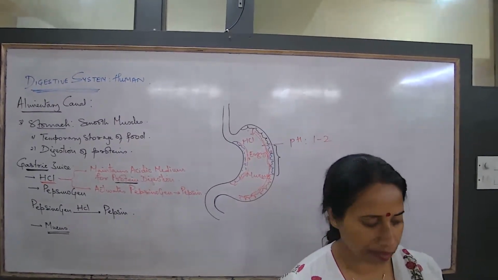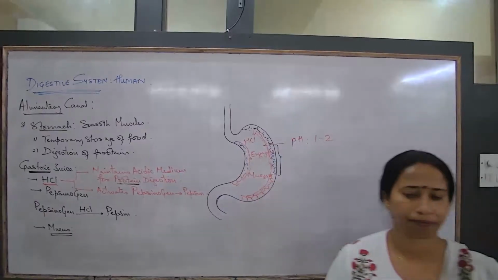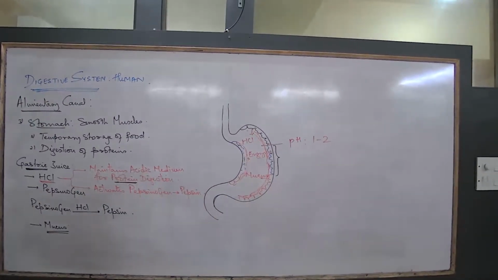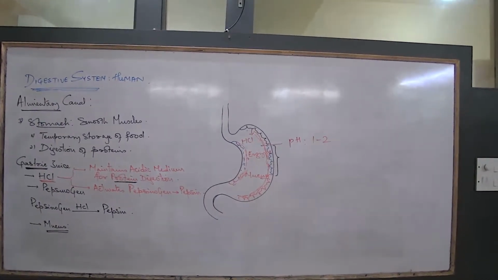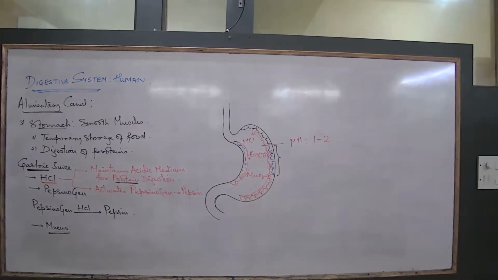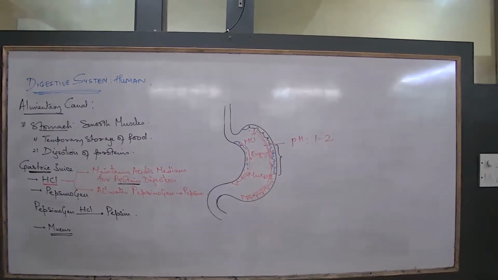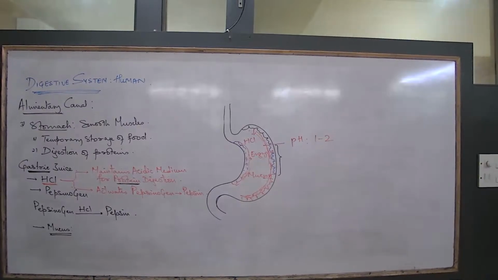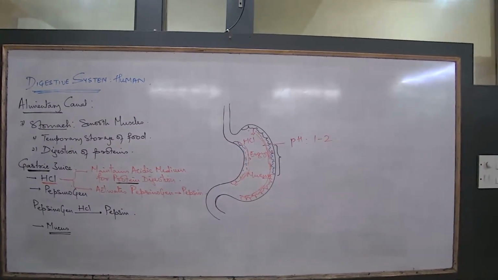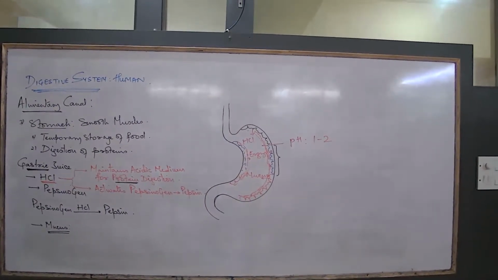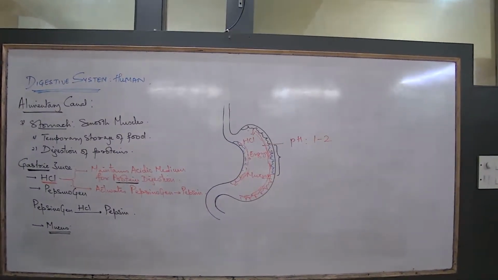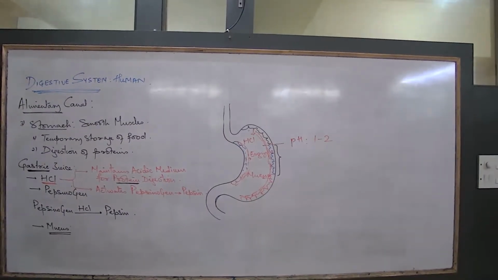The mucus secreting cells in the inner wall of the stomach produce mucus and form a thin film over the cells.